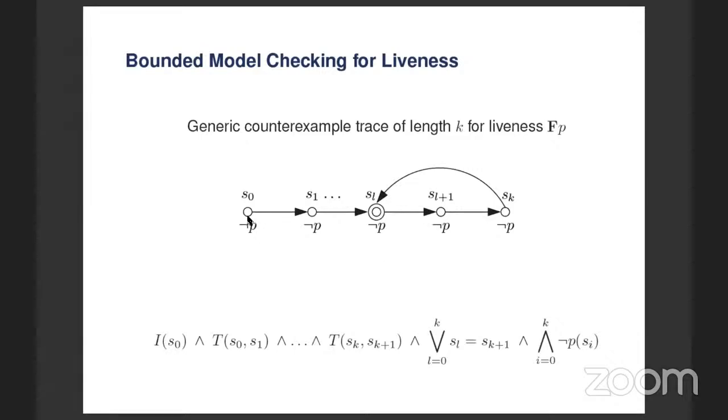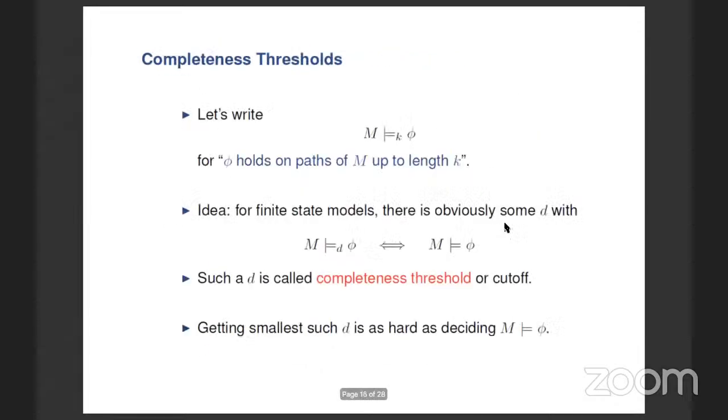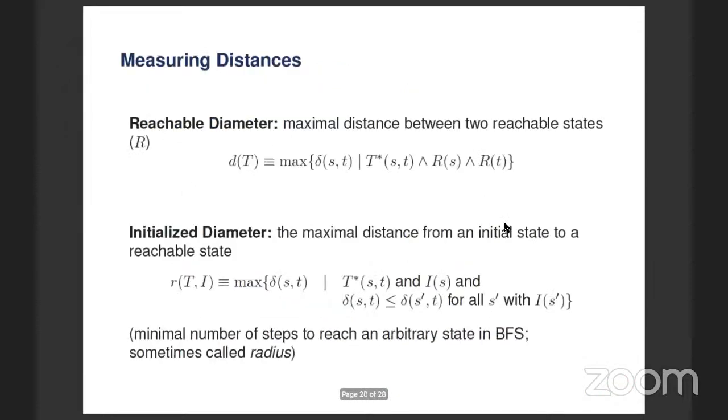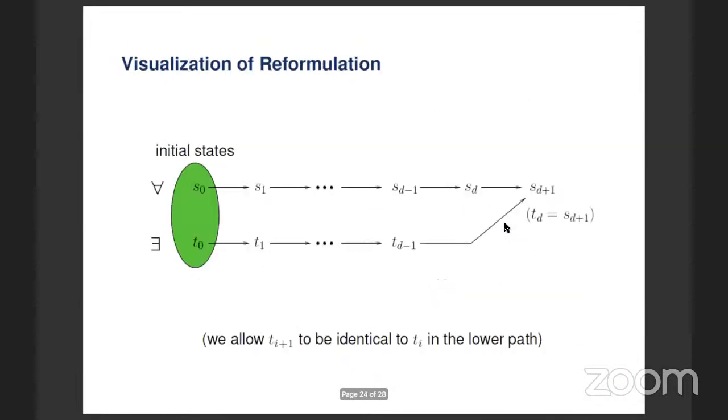By size of the lasso, I mean this is a K-sized lasso, okay. So the worst case bound is the length of the lasso, and that's what the reoccurrence diameter is defined as, okay.